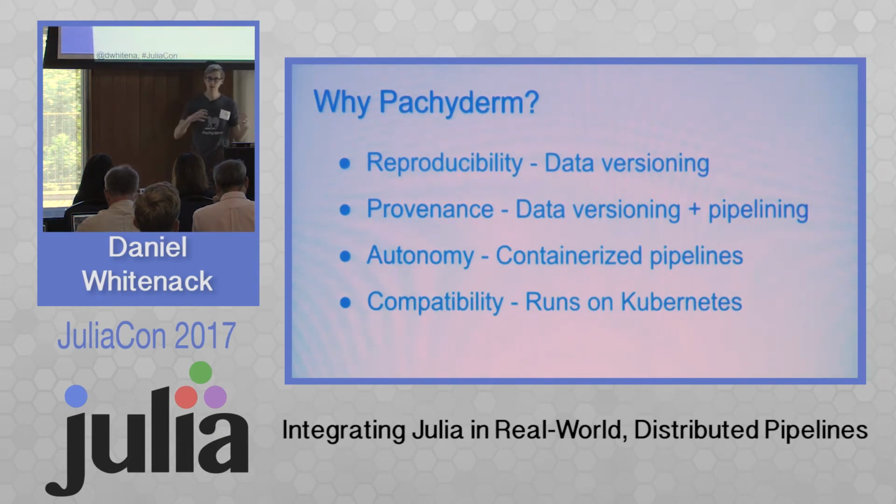It provides provenance because we have that versioning combined with this multi-stage workflow, which I'll describe in a second. Again, we're autonomous because it's all containerized, so we can run whatever tools or frameworks we want. And it is compatible with Kubernetes, which is experiencing general adoption and fits in with many different scenarios.